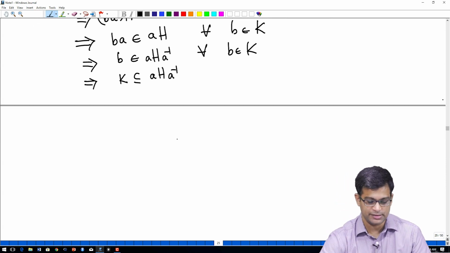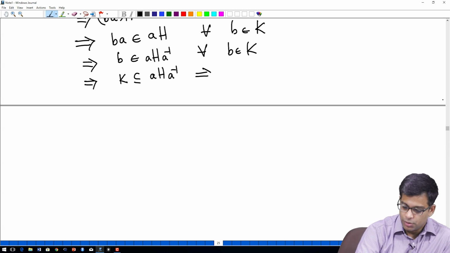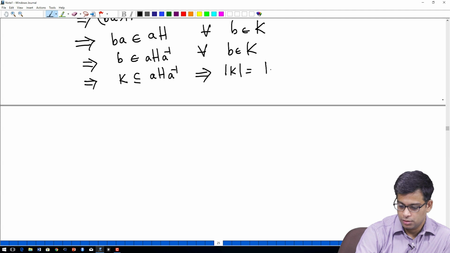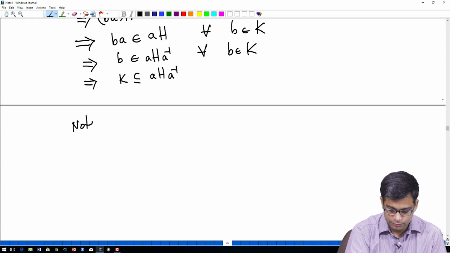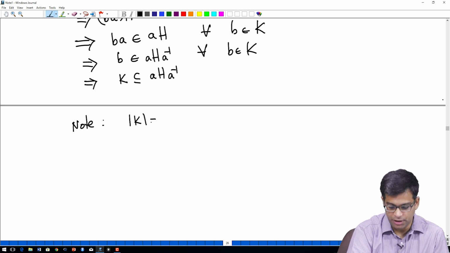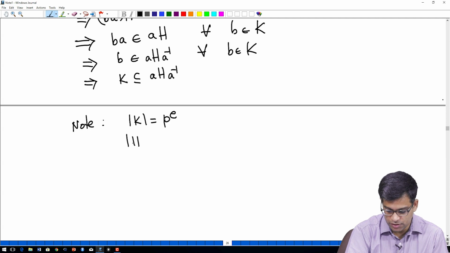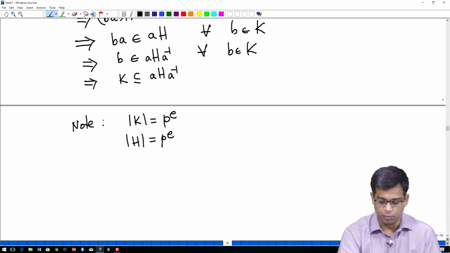So, all of K is in aHa^{-1}, but this must mean that K has the same order. Note, the order of K is p^e, and the order of H is p^e, because both are Sylow p-subgroups.